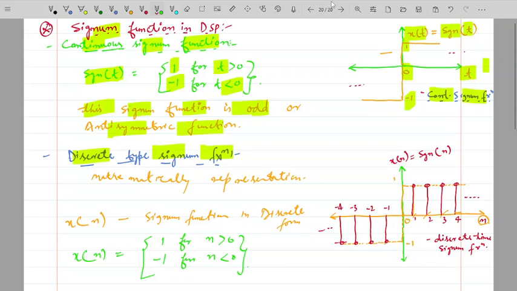This mathematical equation will be applicable for the discrete time signum function.